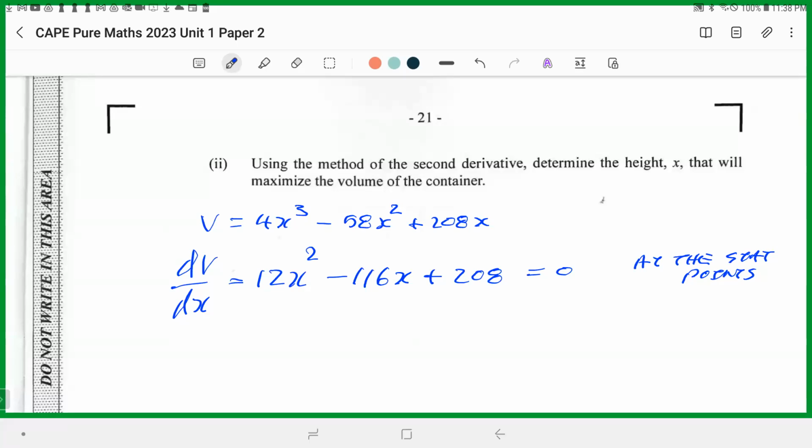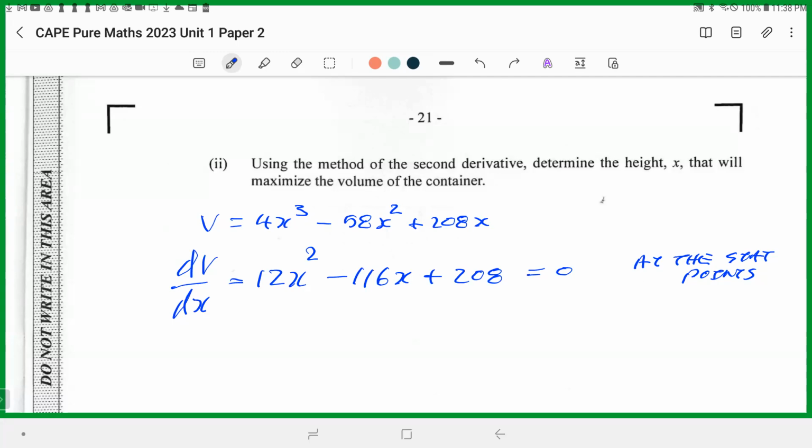All right, so we're solving this right now. We can cancel it down. We can divide by 4.